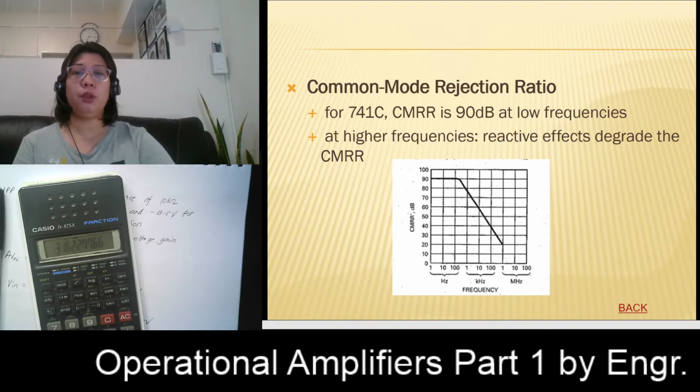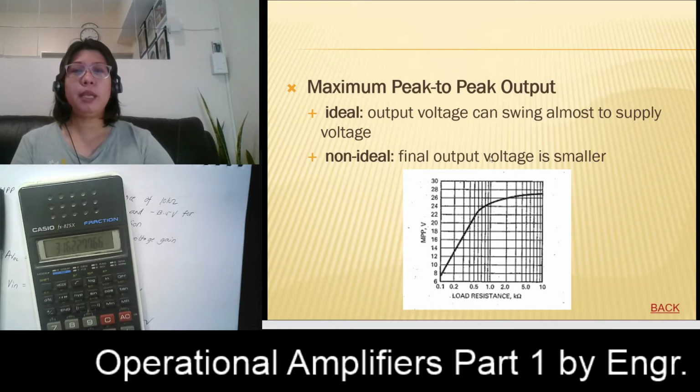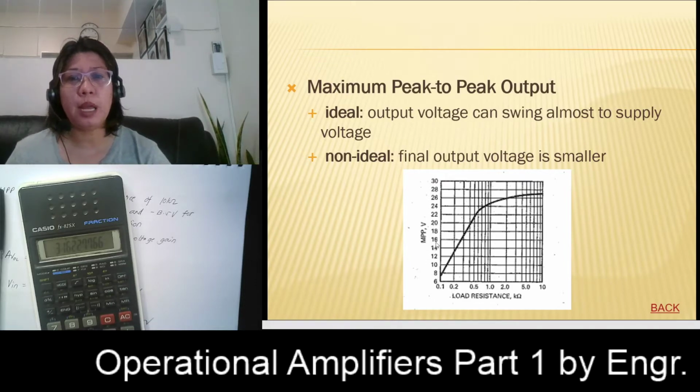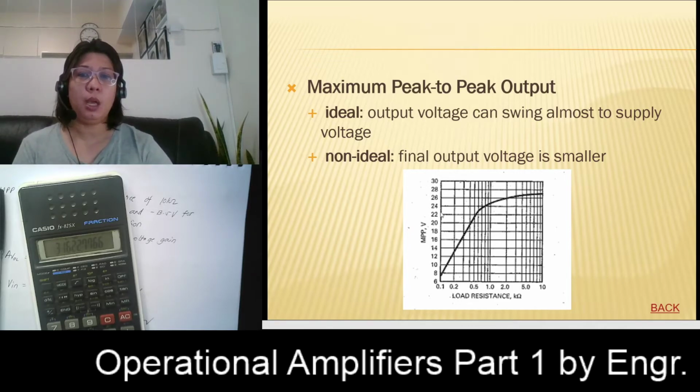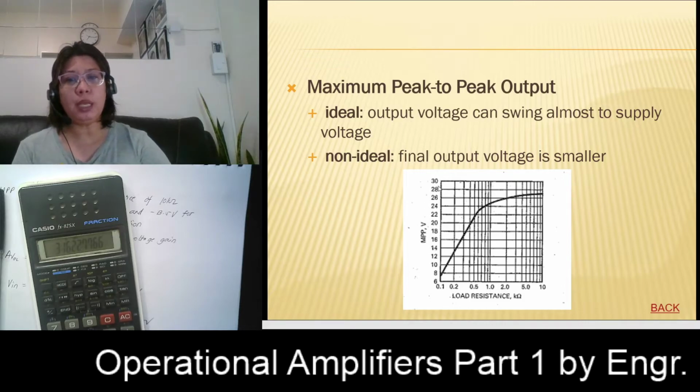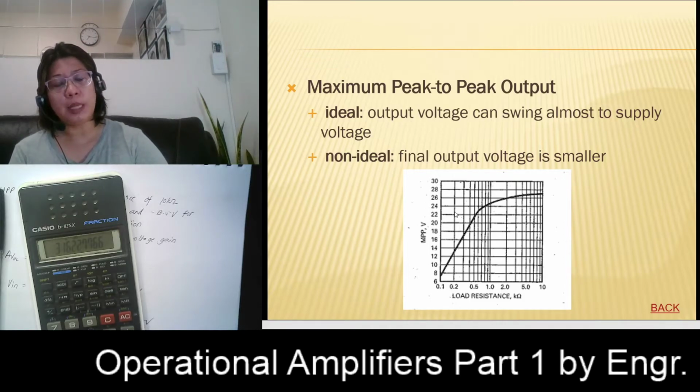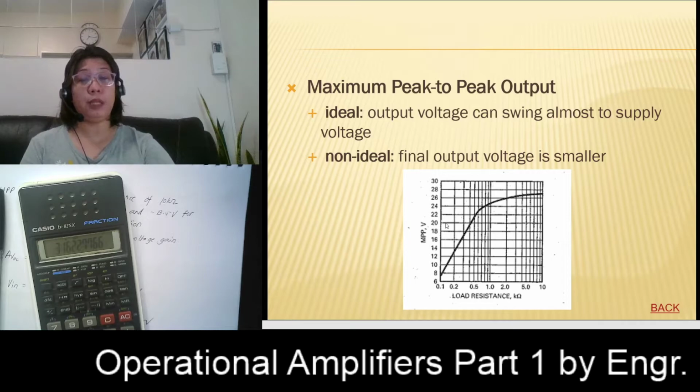Okay, so another thing is the maximum peak-to-peak output. If we have, for example, a voltage equivalent to 30 volts, that means positive 15 and negative 15, so that is a peak-to-peak voltage of 30.